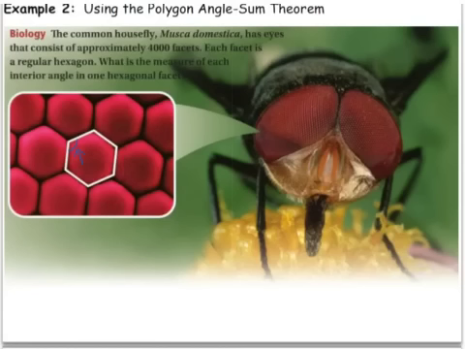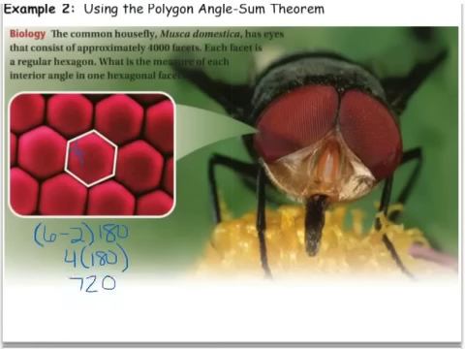To get started, we first need to find the measure of all the angles in this hexagon. So using our formula, we're going to take the number of sides in a hexagon, which is 6, minus 2, times 180. 6 minus 2 gives us 4, times 180, and 4 times 180 is 720.